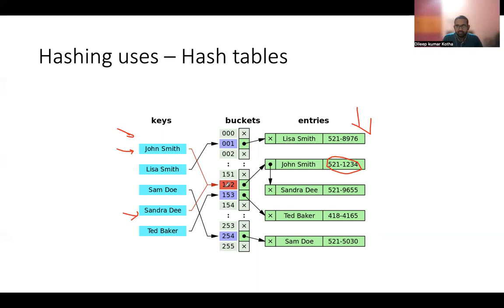So in this case, in the usual Linux implementations, whenever a collision happens, we put a linked list in such a manner that once the name doesn't match, say we are searching for Sandra D, Sandra D doesn't match with John Smith, we go to the next element in that list and then we find a value. Since collisions are less, these linked list sizes usually won't be that big. So this is one major use case of hashing. Let's move on.